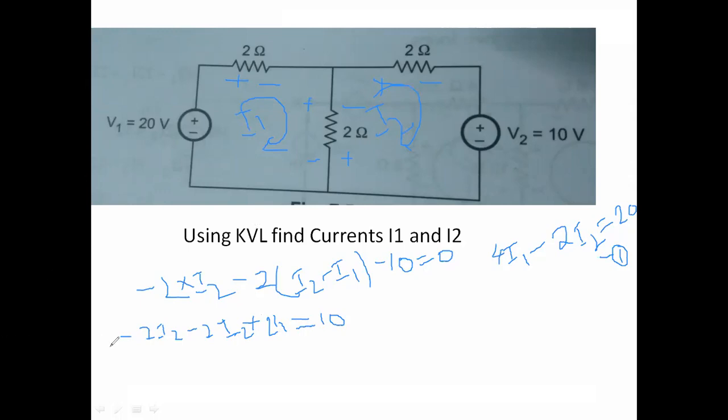So plus 2I1 minus 4I2 equals 10. Now these two equations were obtained. This is the second equation. From this we can solve the two equations simultaneously.